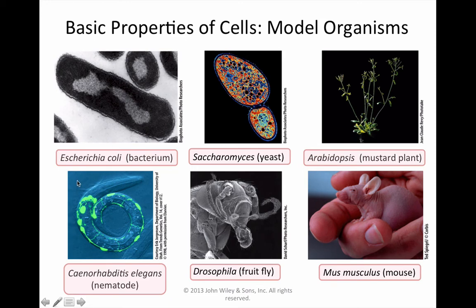C. elegans is a nematode. This nematode has a very set, defined number of cells in it. It has about 1,000 cells, and they develop in a precise pattern during cell division. And so we can use this nematode because it's easily cultured.